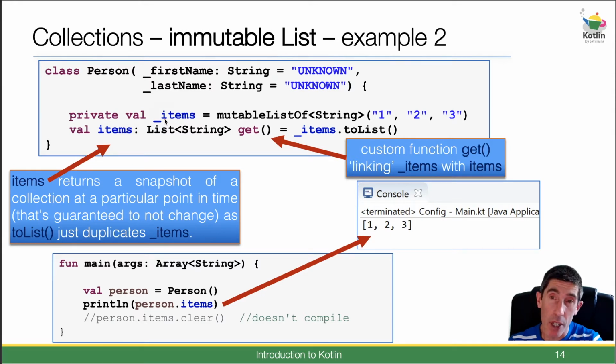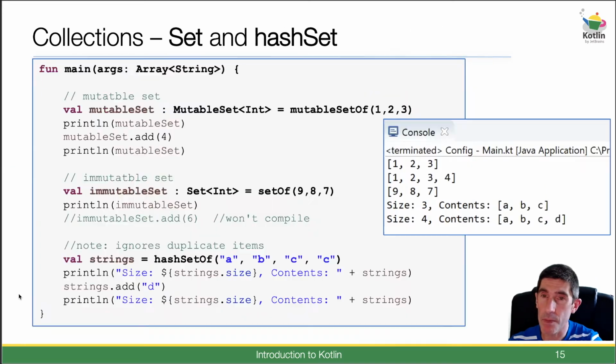So from a design perspective, if we did want read-write access, we would have to go back and remove that private modifier and make underscore items public. Most of the time you probably would do that. This is just to demonstrate mutable versus immutable lists. As I say, not very practical in the real world, shall we say.